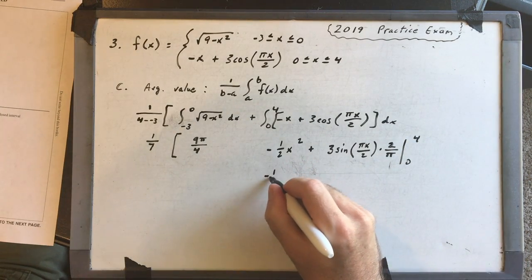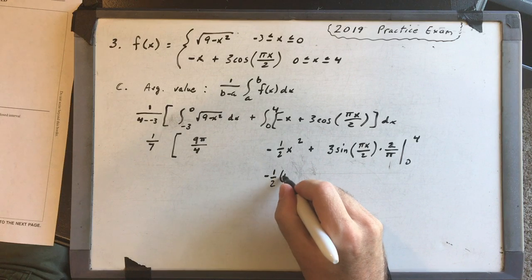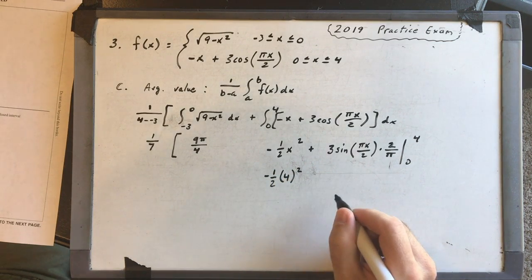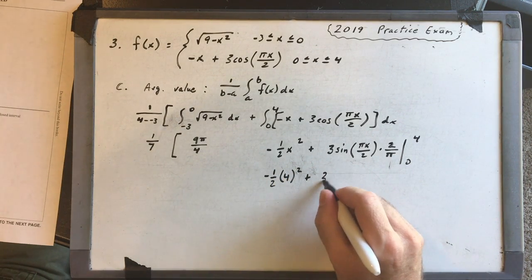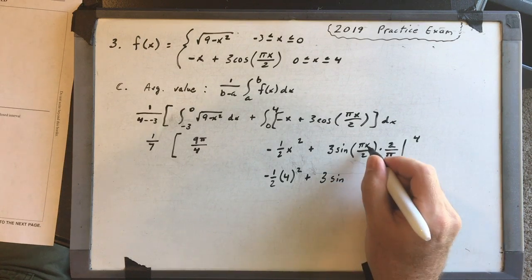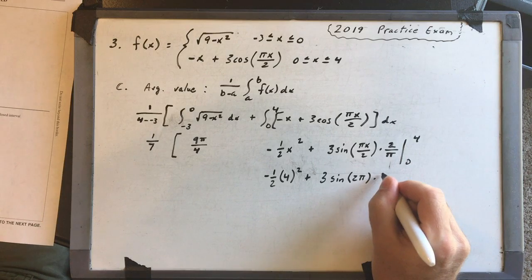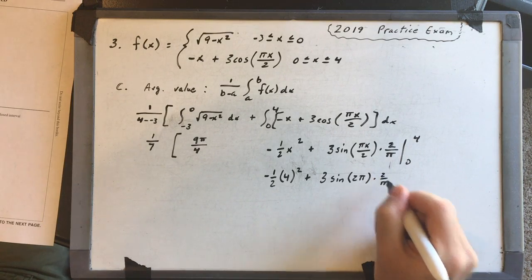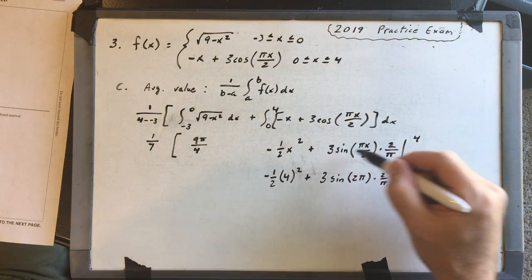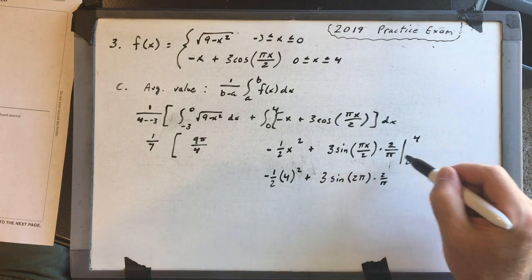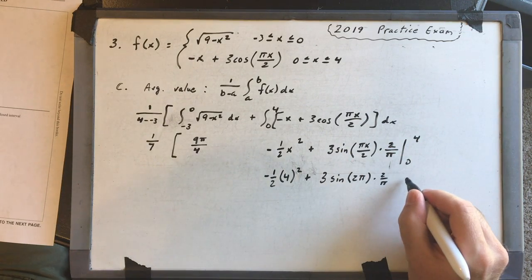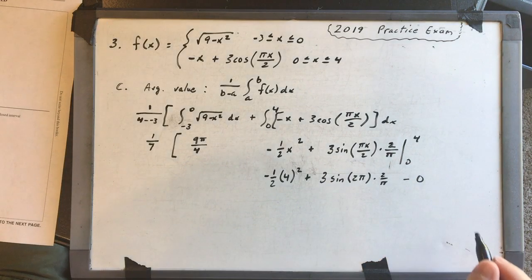So that's going to be negative 1/2 times 4 squared plus 3 sine. Plug in a 4 and you'd have 2 pi times 2 over pi. And if we plug zeros in, you're going to end up getting all zeros on the second part of that integral.